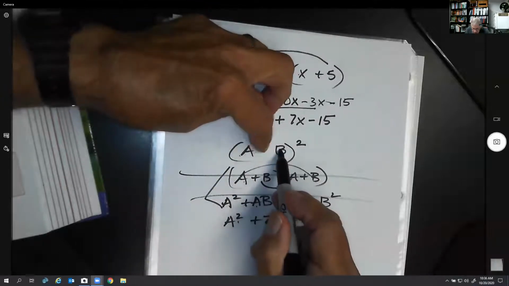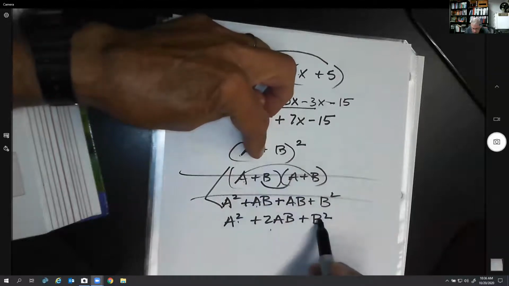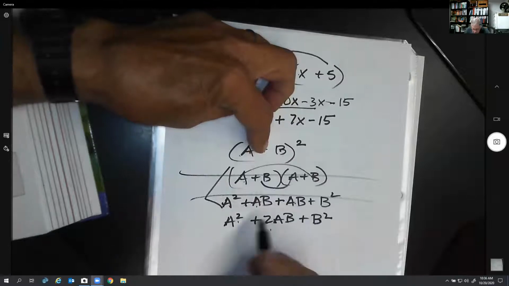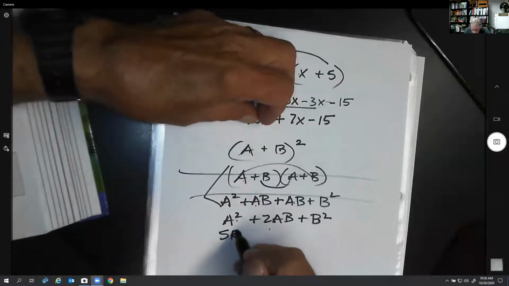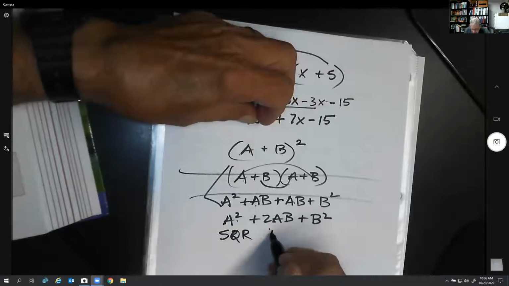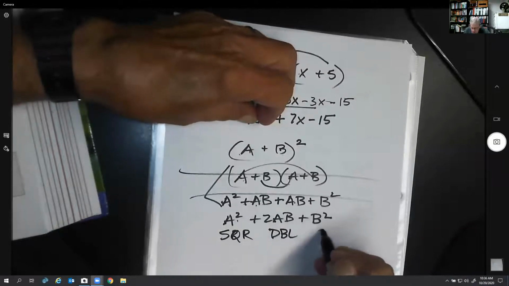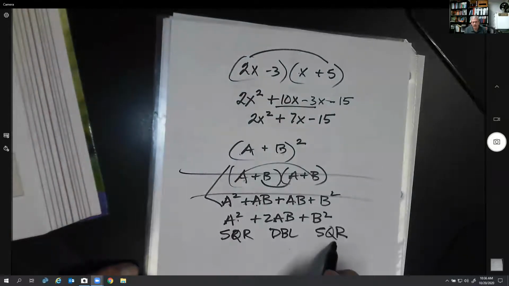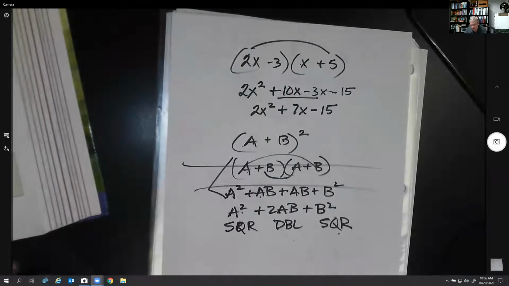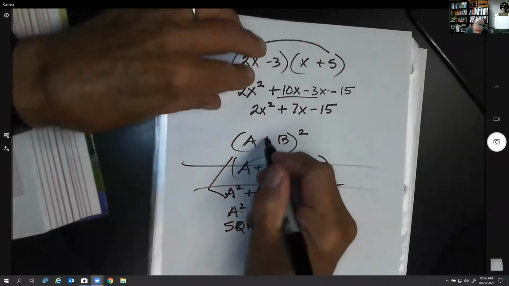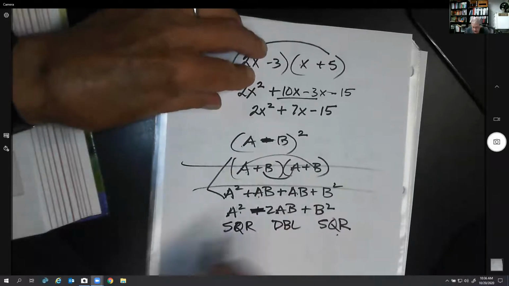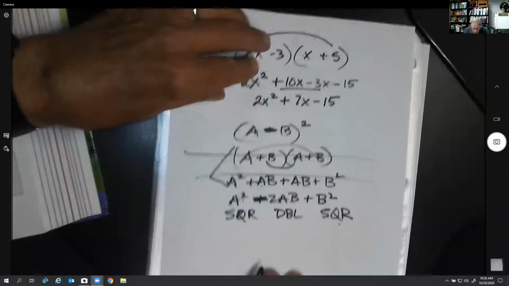And then I squared the last term. So I square, double, square. Square, double, square. Would this always hold up? Well, take my word for it, it will. And if this was a minus sign instead of a plus sign, then this middle term would be minus.